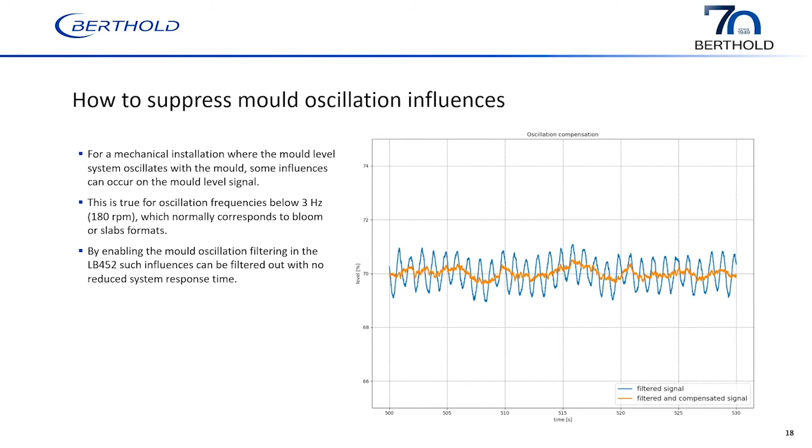In our evaluation unit, we have a built-in functionality for filtering out oscillation frequency without reducing the system response time. This function has been tested for some time now, but it hasn't so far been described in the user manual. In case you have a need for it, please let us know and we will help you to get that set up correctly.